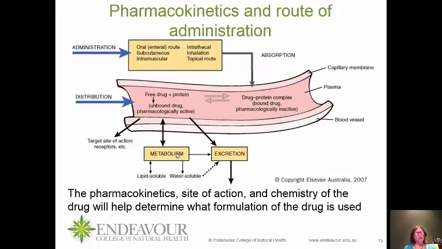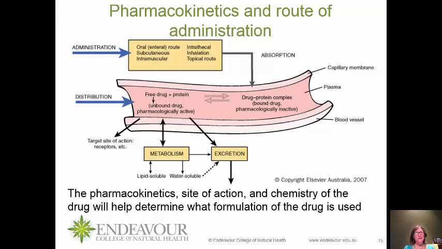Once metabolized, the aim of metabolism, as we'll see, will be to make drugs less lipid soluble or perhaps more water soluble. This will help with excretion of that substance. So the four main pharmacokinetic parameters that you have to know and be able to apply to a variety of Western pharmacy drugs, and then to apply those same concepts in your own modalities.